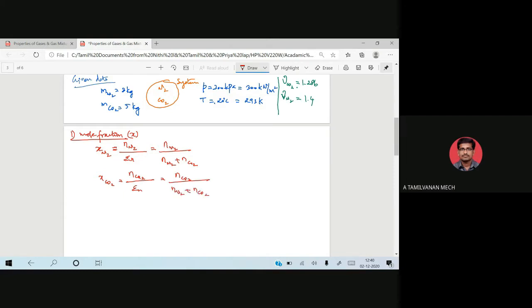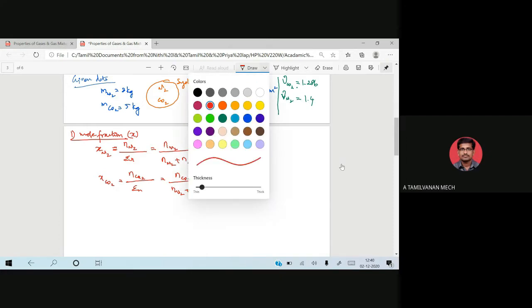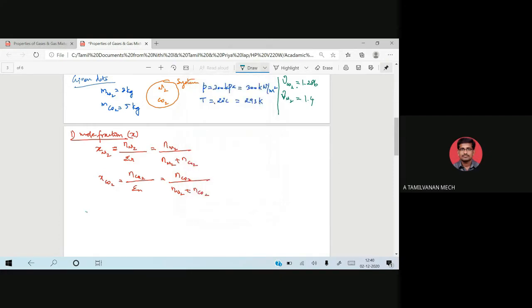Before that, we have to find what N is. N is the number of moles, which is equal to mass divided by molecular weight.